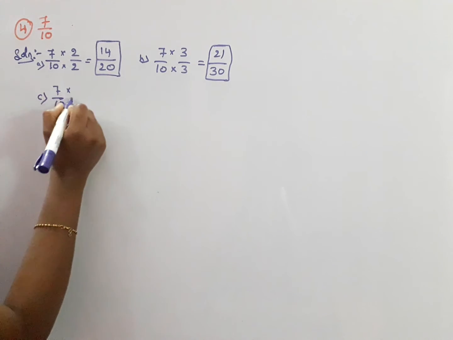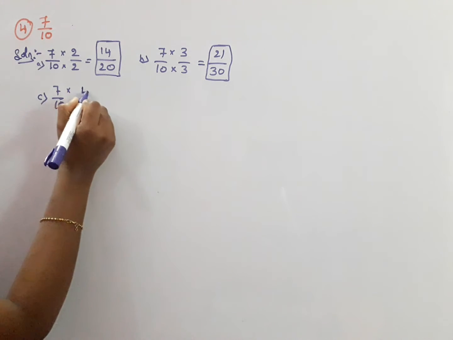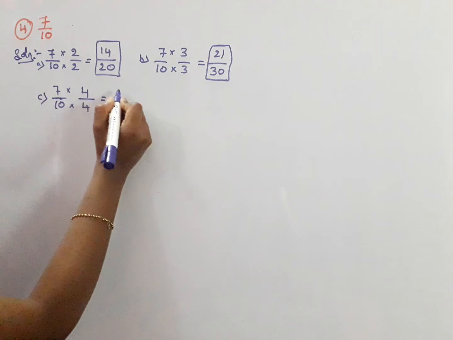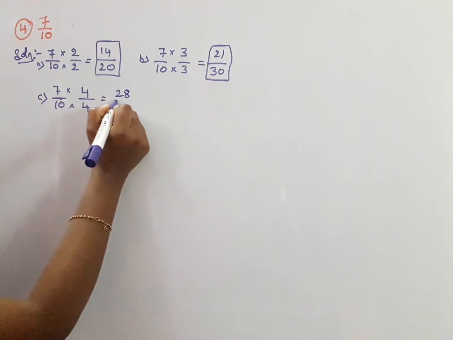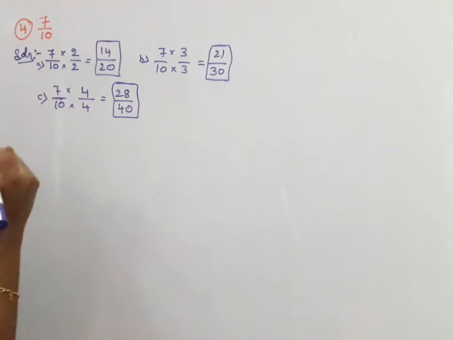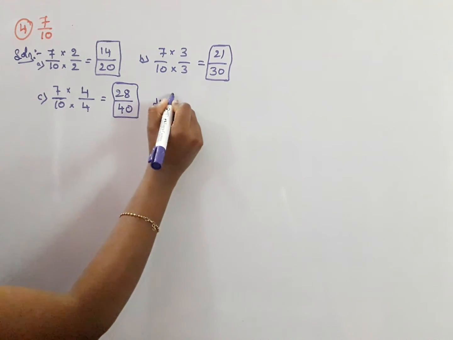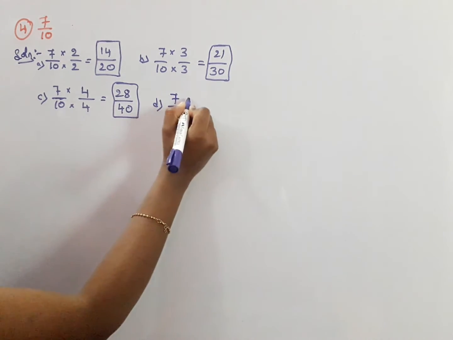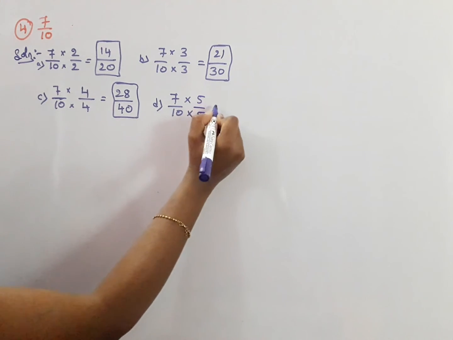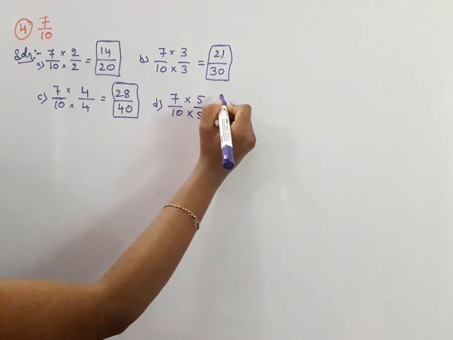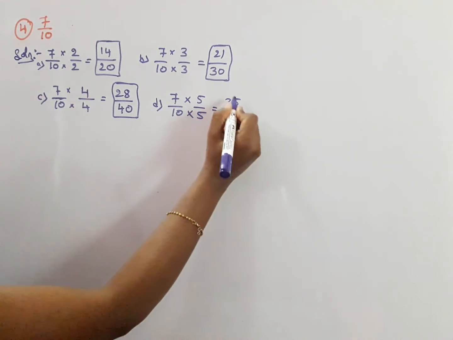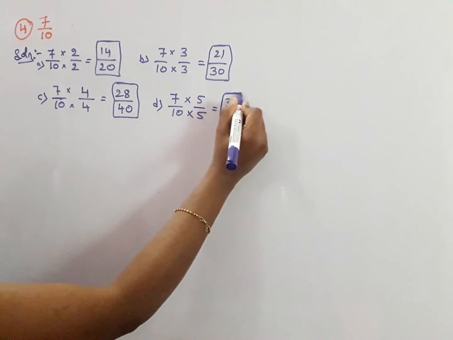Now multiply by 4. 7 4s are 28, 10 4s are 40. Third equivalent fraction of 7 by 10. 7 by 10 multiplied by 5. 7 5s are 35, 10 5s are 50.